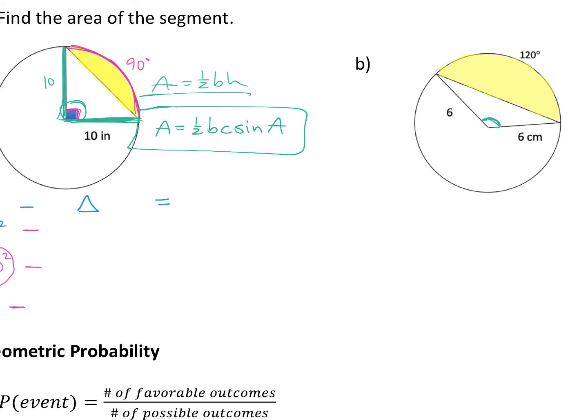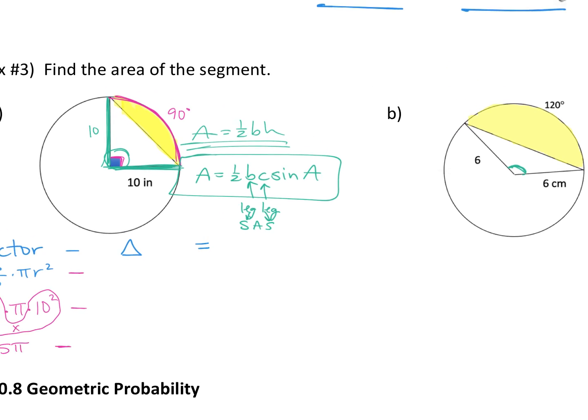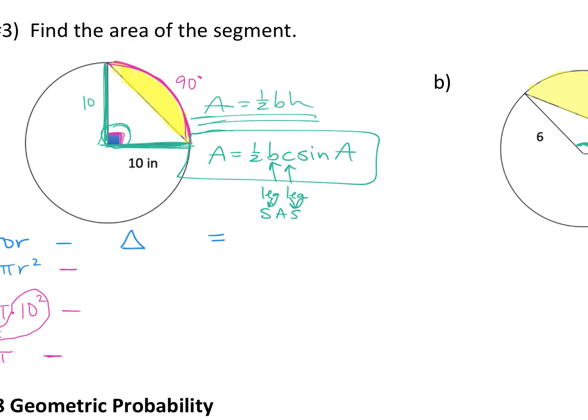If you like doing 1/2 base times height, when it's a right triangle, you can do that. The other side, these are the two legs of the triangle. It's the SAS setup, the two sides with the included angle. Just out of curiosity, who wants to do 1/2 bh right now?